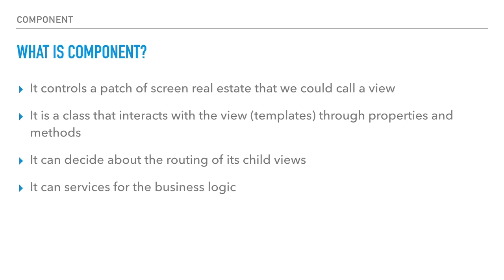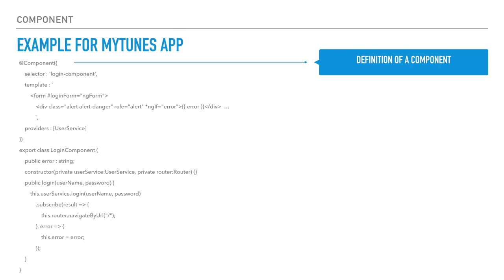So if we think about the MVC component architecture, we can think that the component will be the glue code between the model, the view, and the controller. Okay. So, how does a component look in Angular 2?